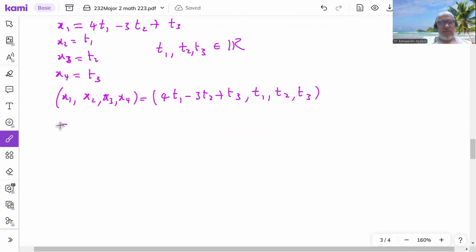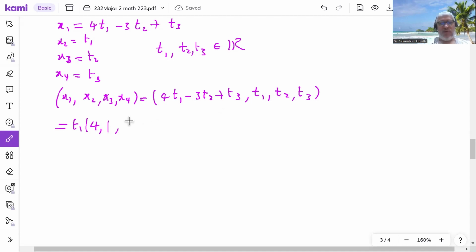And now we take t1 as a common factor, and write the coefficients of t1 in a vector. For example, in the first coordinate, we have 4t1, so we write 4, the coefficient of t1. In the second coordinate, there is a t1 and the coefficient of t1 is 1.